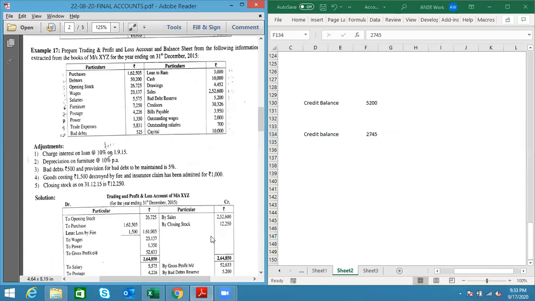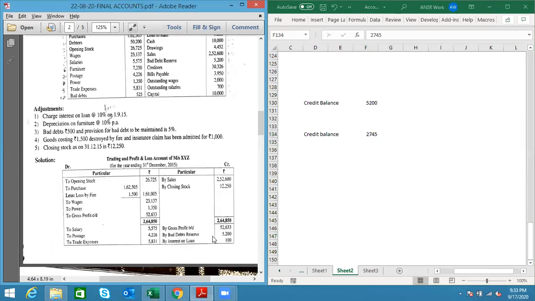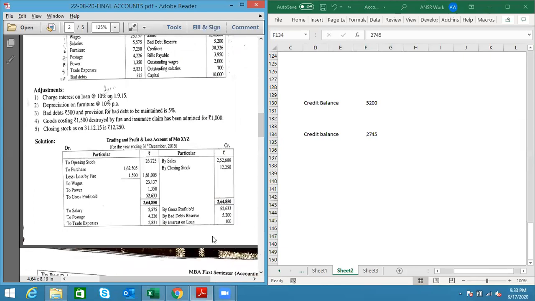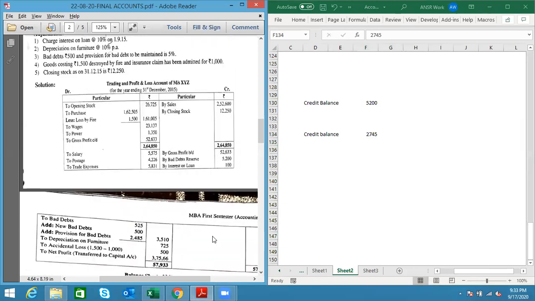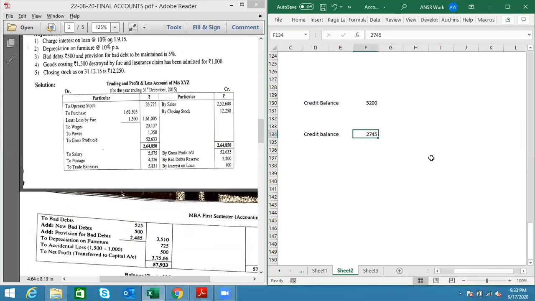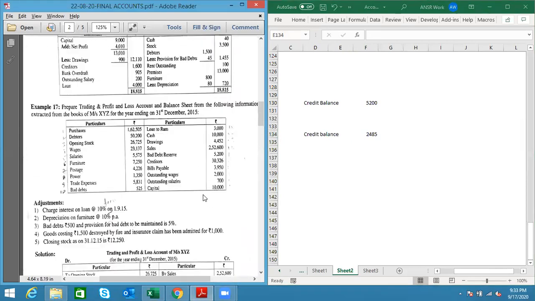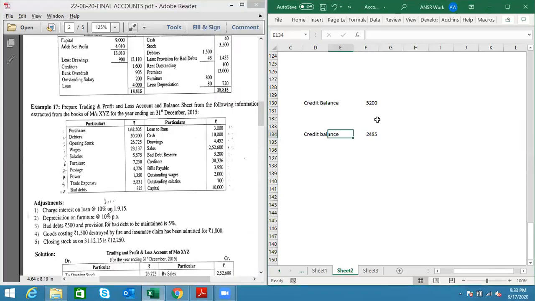So what do you think we should do about it? Very simply, yes, we should reduce it. So for reducing it, how to do it? We will have to pass an entry, isn't it?